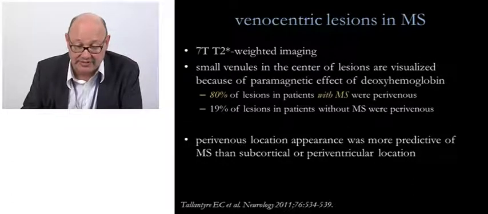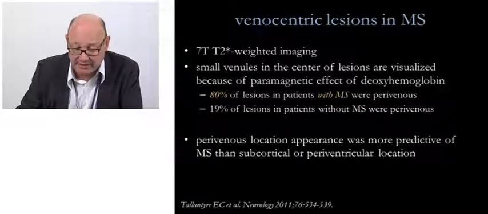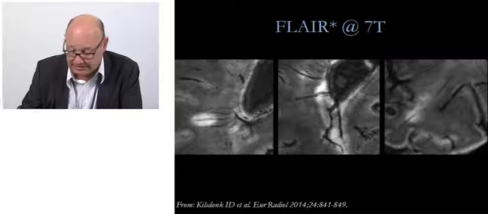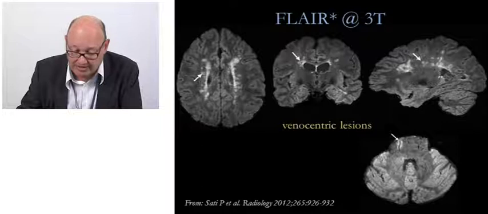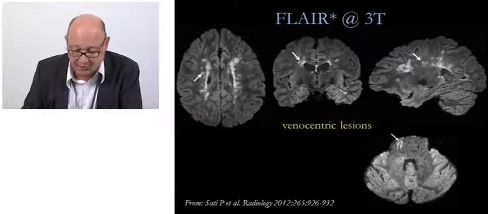You can have this combined FLAIR and T2 star weighted image, nicely showing you the perivenular position of the lesions in patients with MS. Here's a patient similar to the one that I showed you before. We see a vein over here in the brainstem, and we see one of the MS lesions, which is typically surrounding this vein in the brainstem.